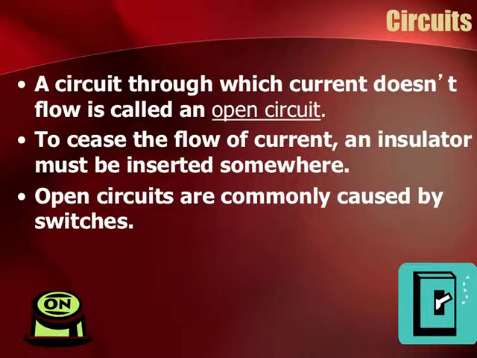If I want the light to turn off, I turn the switch to the off position. It takes the current, and the current stops. It makes it into an open circuit. So when you turn it off, there's an insulator somewhere in the whole circuit. There is, and I'm going to teach you about that insulator right now.